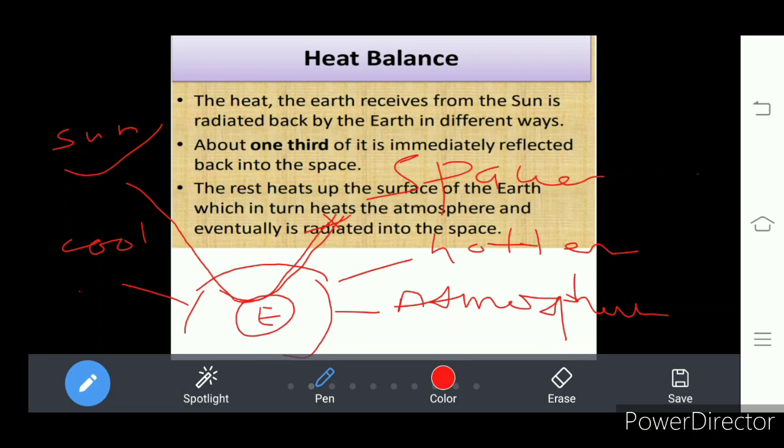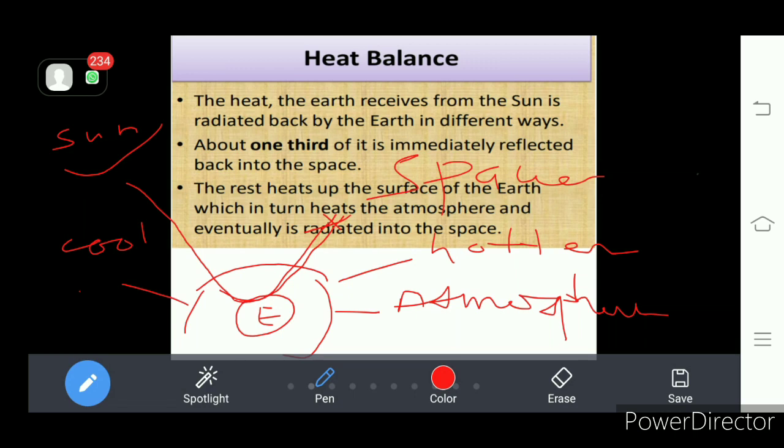So what is the work done by earth here? It keeps some heat on its surface, and the remaining heat it radiates into space. In that way it maintains what? Balance in the heat, and that is what we call heat balance.